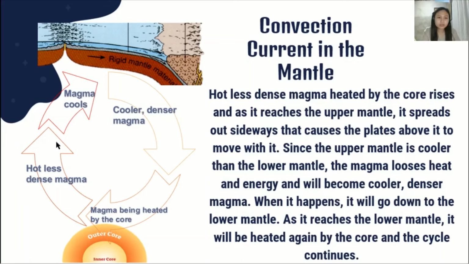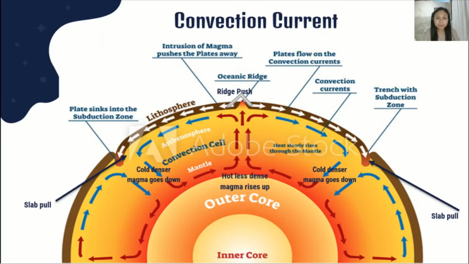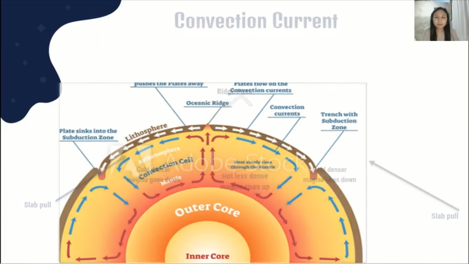Concepts in convection current. So in our convection current, separate siya. Separate ang movement. Hindi siya isang direction lang. It is separate movement. That is why we have separation of plates in divergent plate boundary. Okay.